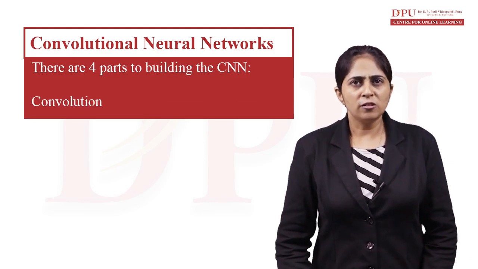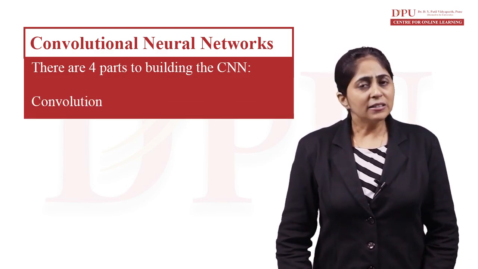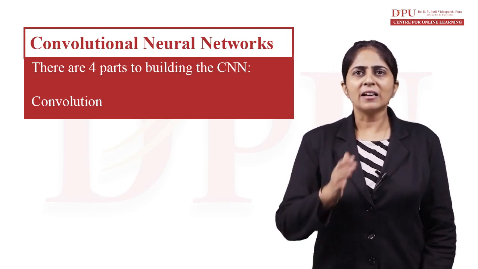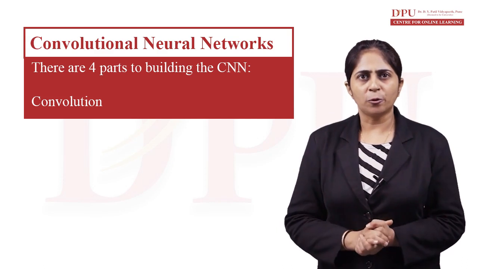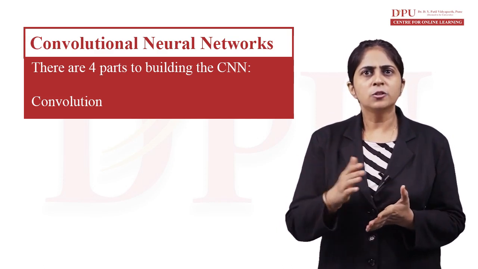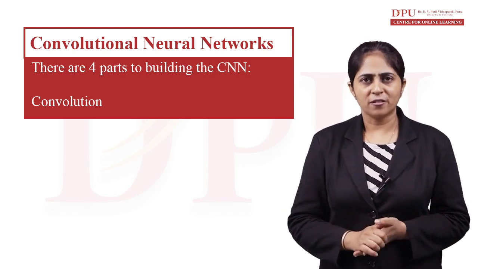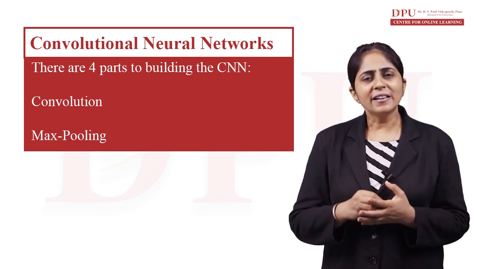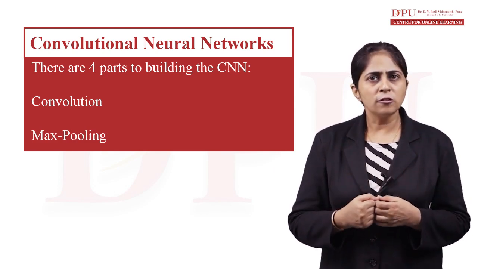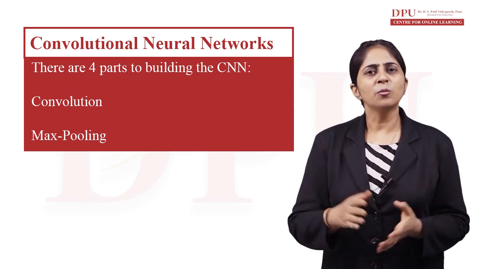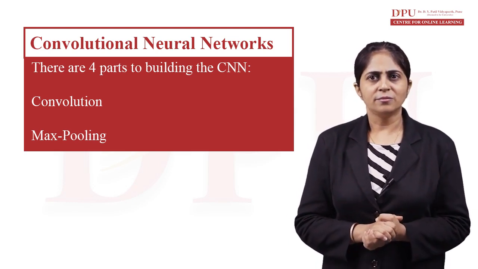After we have imported our input data into the model, there are basically 4 ways to build the CNN. First is the convolution. This is a process in which the feature maps are created out of our input data. Then a function is applied to filter the maps. Second is max pooling. It enables our convolutional neural network to detect an image when presented with a modification.